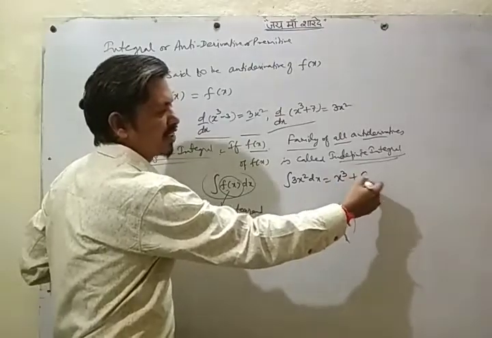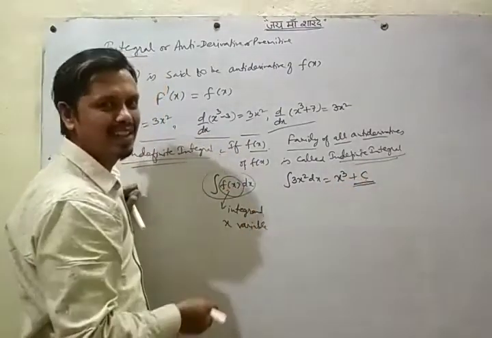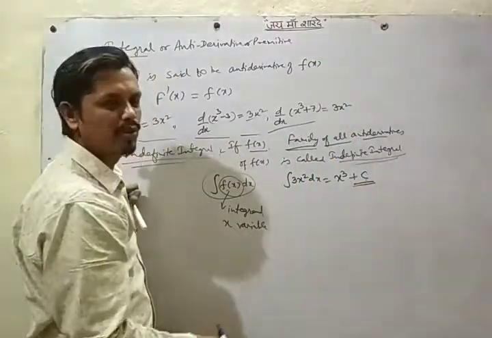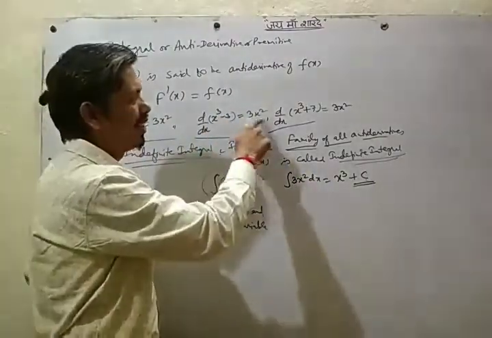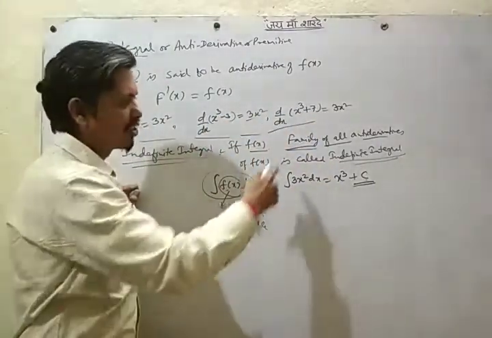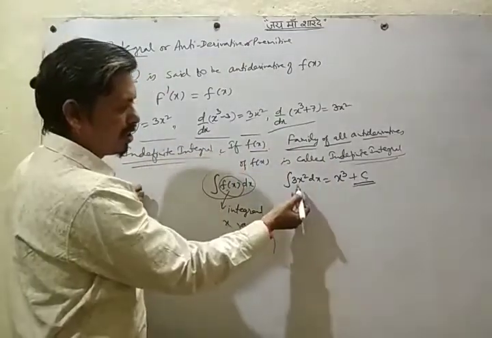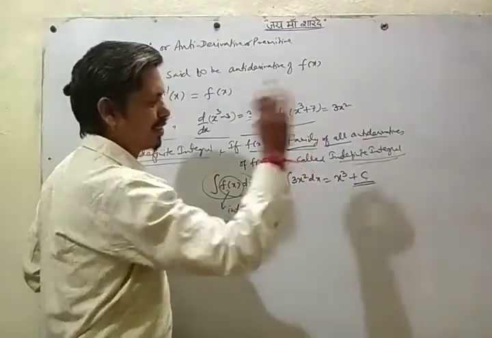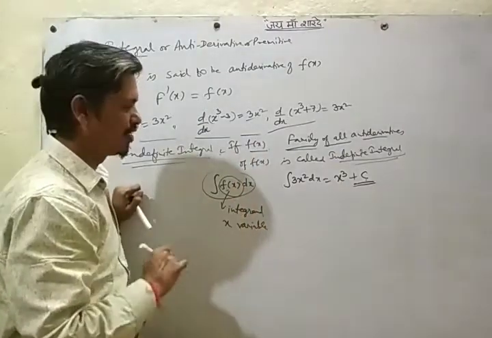For that we write x cube plus c, where c is called the constant of integration. That's why we use family of antiderivatives, because there are many functions which are antiderivatives of the same function. So integral of 3x square is x cube plus one constant c. C is called constant of integration.